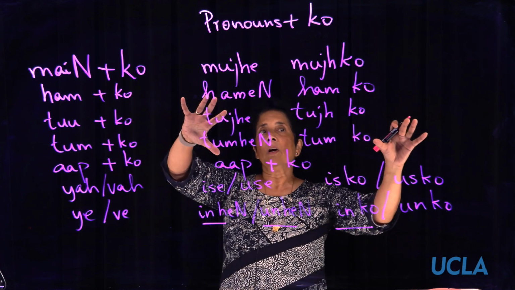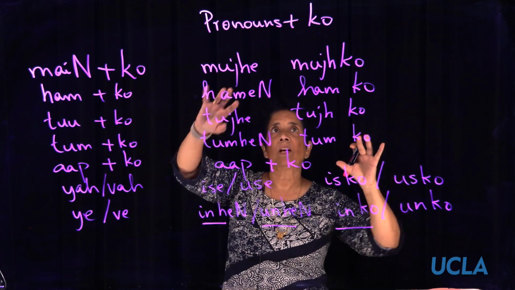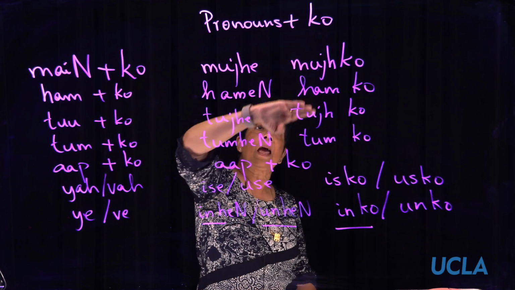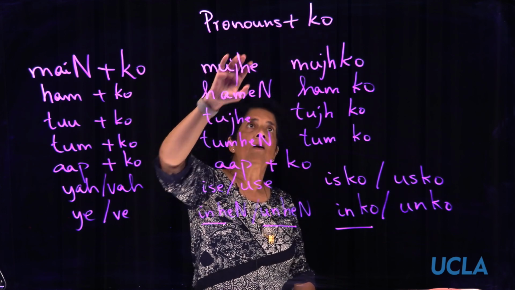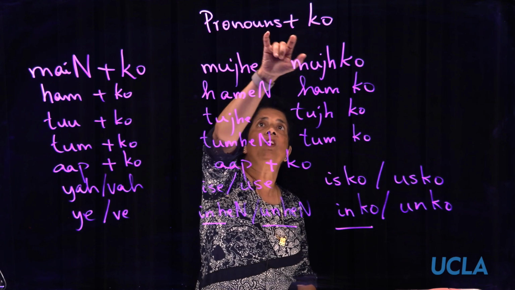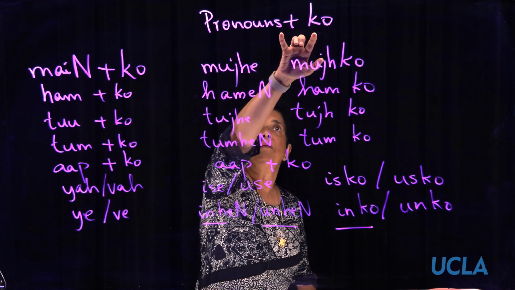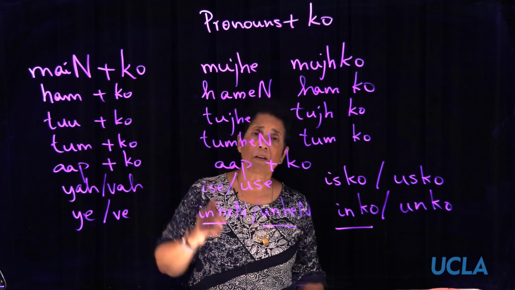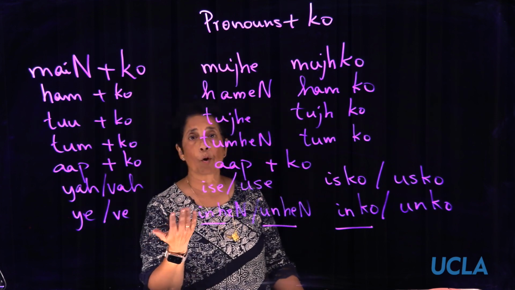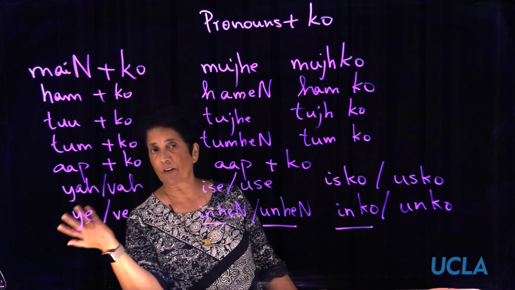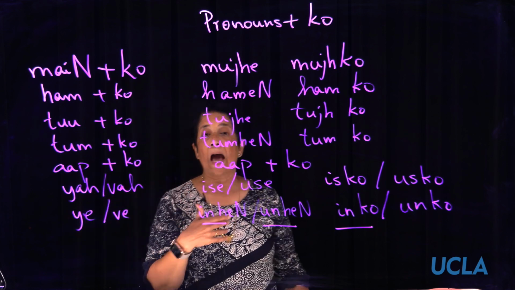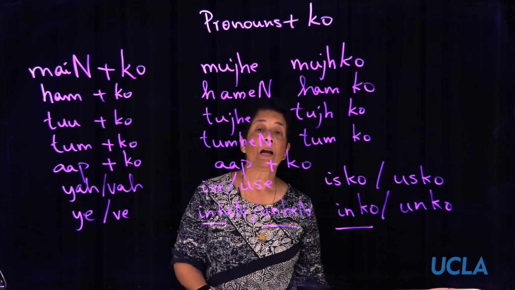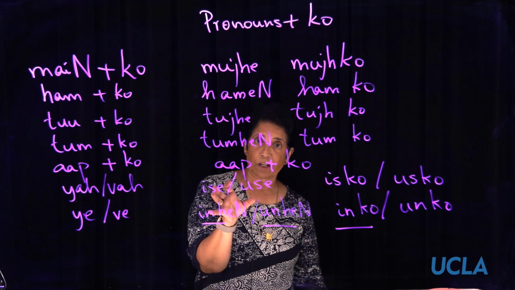Okay, so here are the forms generated for pronouns followed by ko, and it doesn't matter what the position of this pronoun plus ko is. It could be a subject, it could be a direct object. You know, pronouns are always highly specific in nature, high on the animacy scale. Therefore, you will always get them followed by a ko in the direct object position.